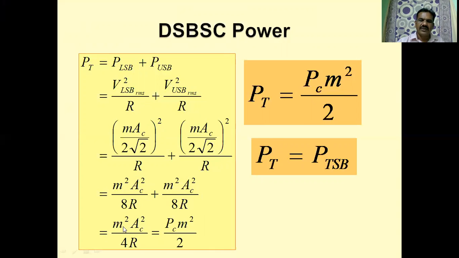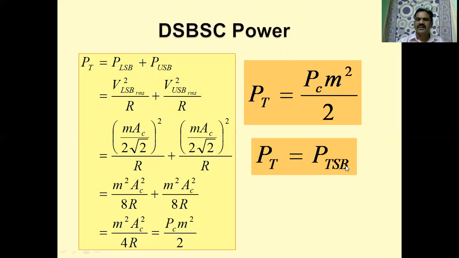It is equal to m square Ac square by 4R, and we have the carrier power equal to Ac square by 2R. Hence when you substitute carrier power Ac square by 2R equal to Pc, we are getting m square by 2 into Ac square by 2R, which is nothing but m square into Pc by 2.